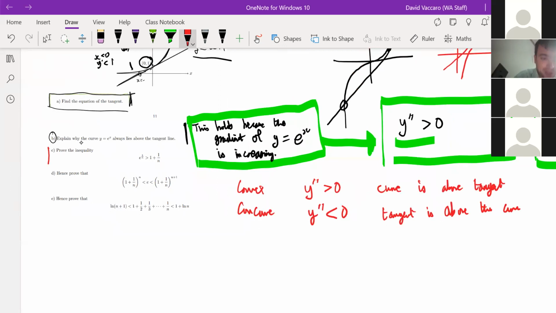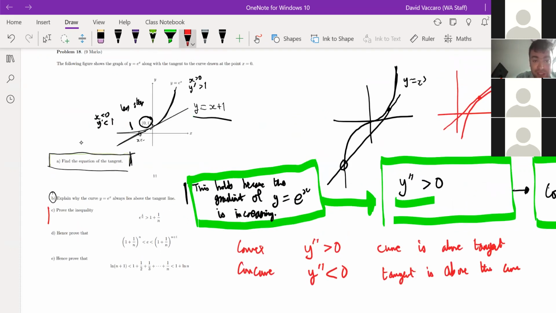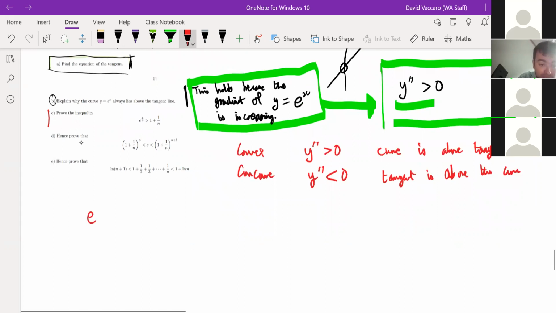Okay, next part. Prove the inequality e to the 1 over n is bigger than 1 plus 1 over n. Well, we've just seen that the curve is above the tangent, so we know that e to the x is always bigger than 1 plus x. So if I just put x equals 1 over n, I get e to the 1 over n is bigger than 1 plus 1 over n.